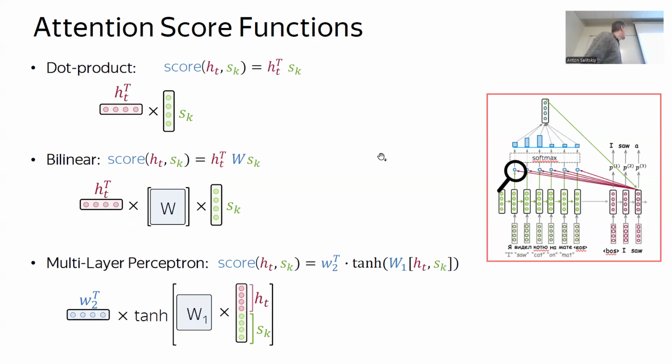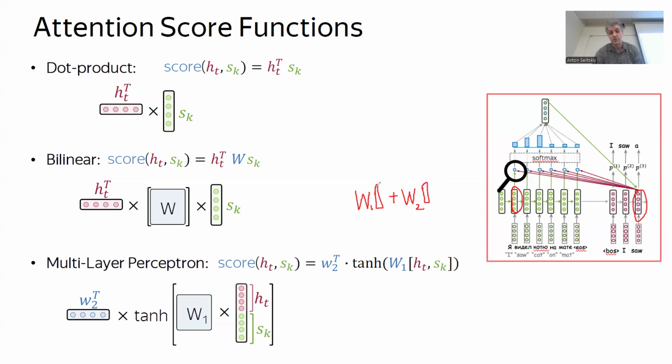The most popular attention mechanism is called additive attention. We take this green vector and multiply it by some matrix, let's say W1. Then we take our red vector and multiply it by another matrix of weights, W2.